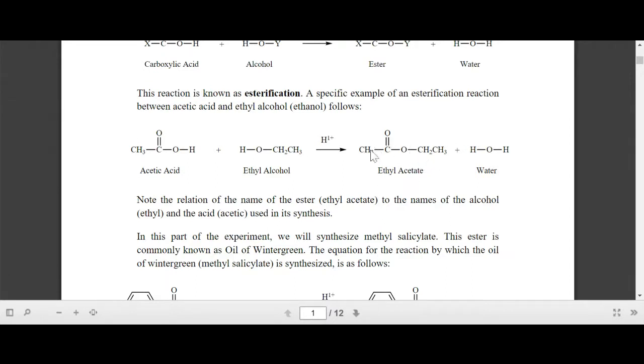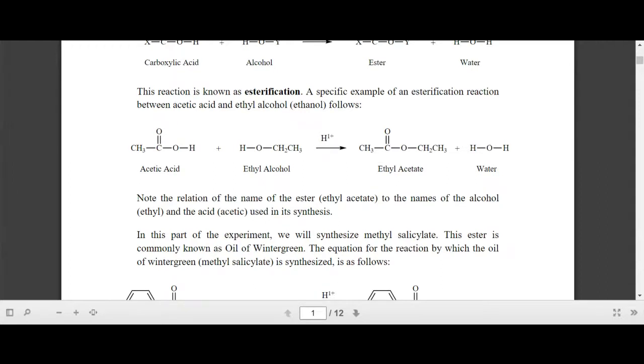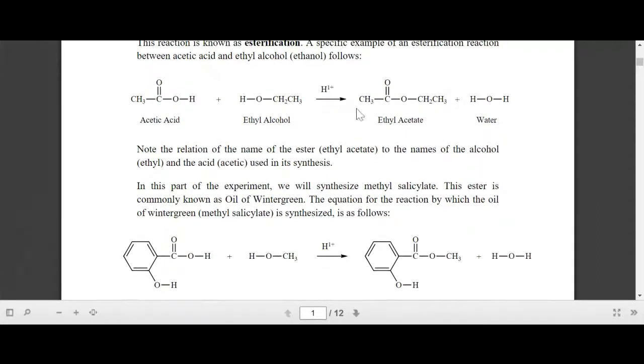Right now, acetic acid with ethyl alcohol gives a product that smells like banana. But if we change it to benzoic acid and methanol, it would change to oil of wintergreen, like spearmint. So it's going to be a different flavor if you change the size.